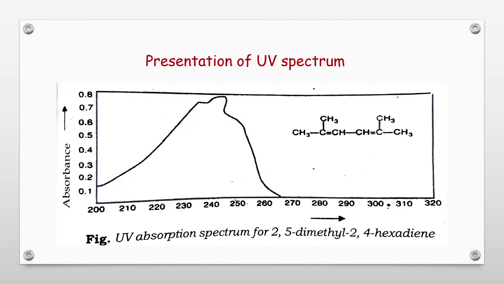A UV absorption spectrum of 2,5-dimethyl-2,4-hexadiene is shown here. The figure shows a broad band in the region 210 to 260 nanometers with a maxima at 241.5 nanometers. It is this wavelength or lambda max which is reported in chemical literature.